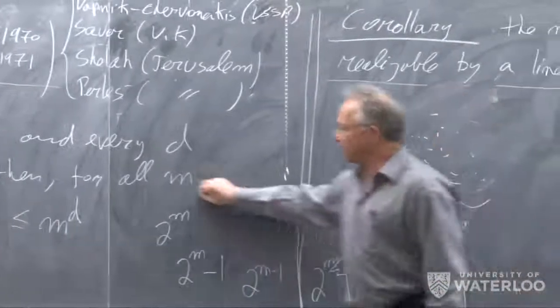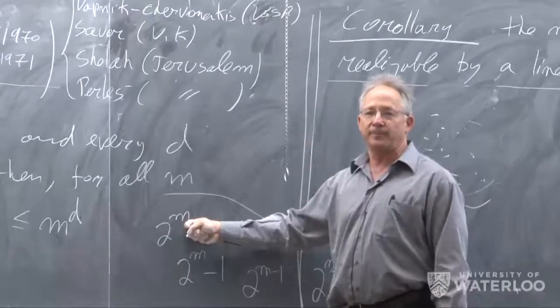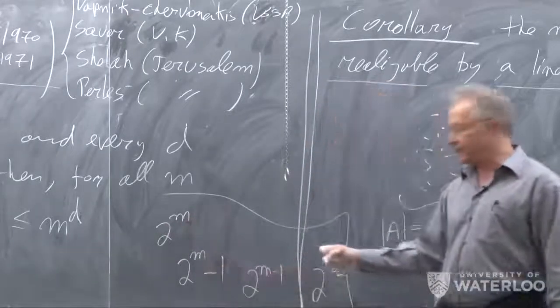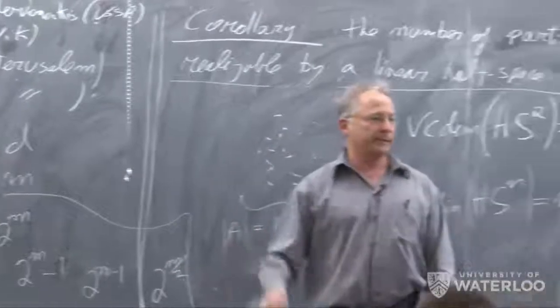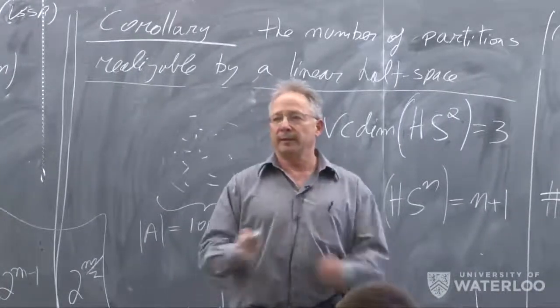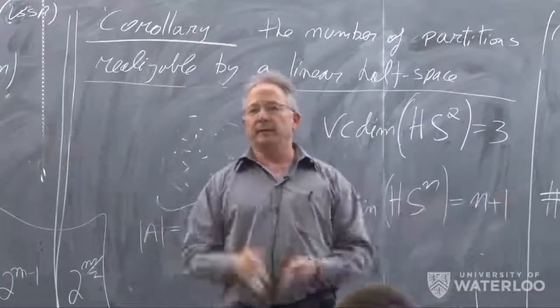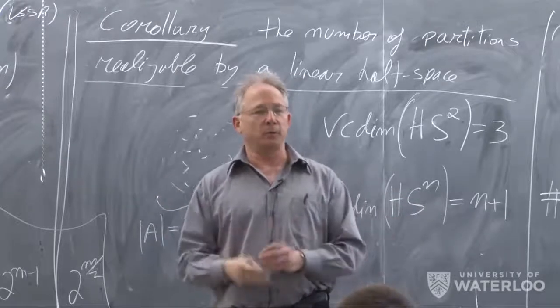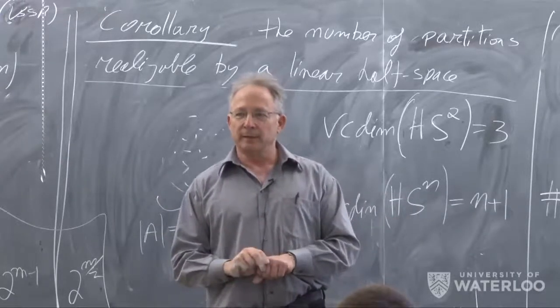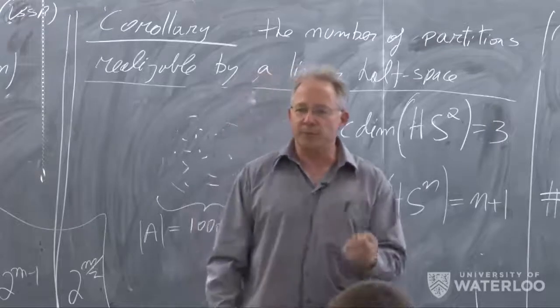But the Sauer lemma tells you the minute you don't get the full 2 to the m, it's way, way less. It's only polynomial. Suddenly there is a big drop in the number of sets that you can cut. So in that respect, it's a very surprising lemma.